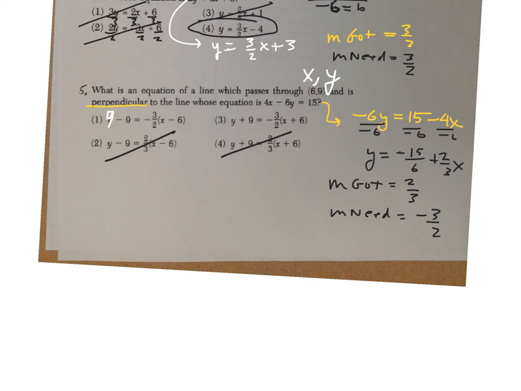If y is 9 and x is 6, does that make that first equation true? I'd get 9 minus 9, which is 0, and I'd get -3/2 times 0, which would also be 0. So this one does work, which leads me to believe that this one will not work. So choice 1 is the answer.